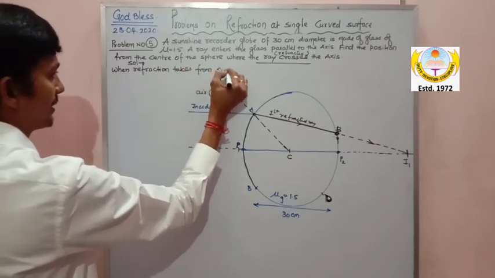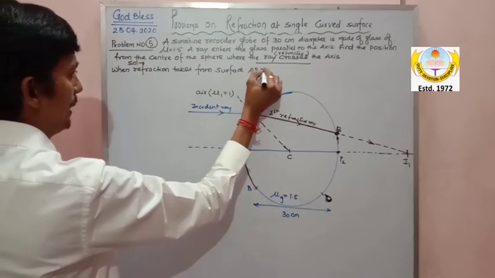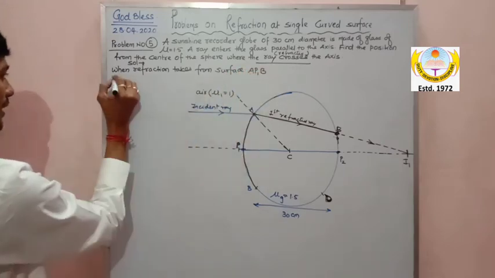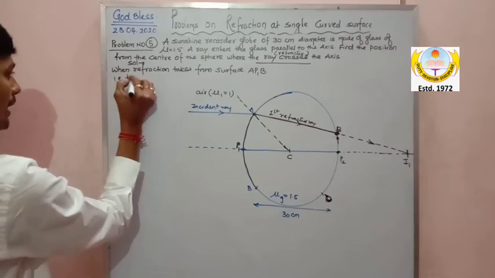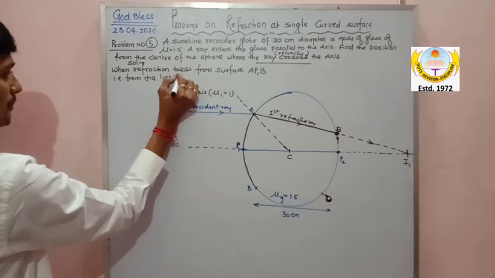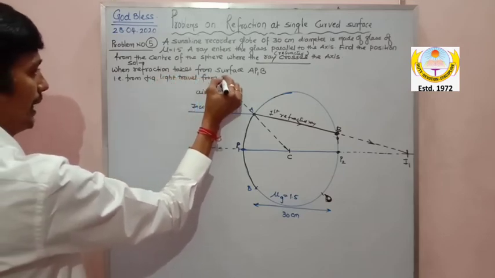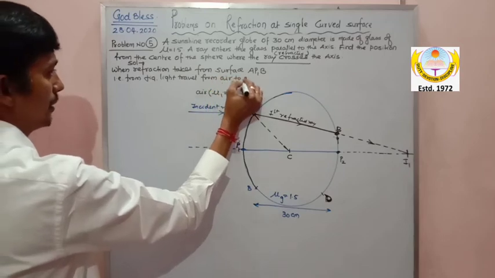From surface AP1B, that is from the figure, light travels from air to glass.